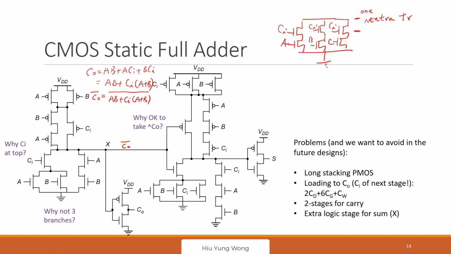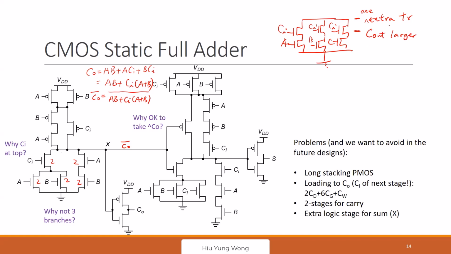If you size it, how will you size it? This will be 2, 2. This will be 2, 2, 2, right? Same here, I size it 2, 2, 2. But you're right: one extra transistor, more area. But at the same time, the output cap is larger. Here is confusing, right?